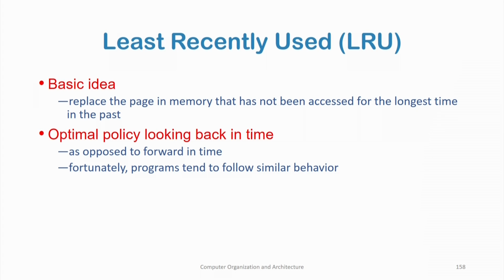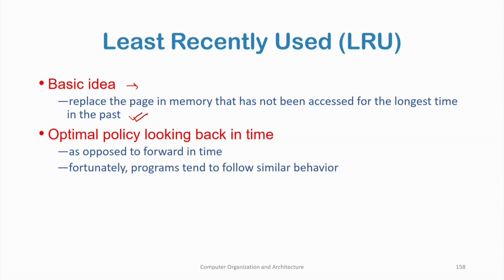Then we come to the next algorithm, a very popular one. However, due to problems with its implementation, various approximations of the algorithm are used. So we will first learn what the algorithm is. The basic idea is that you replace the page in memory that has not been accessed for the longest time in the past. This is practical because you can see the past, you cannot see the future.